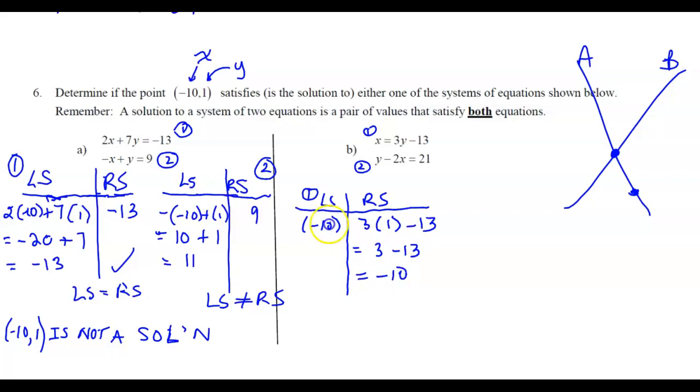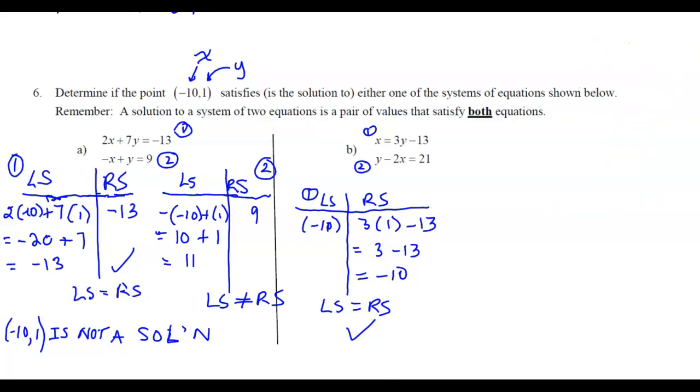So that works. Then we'll do the same for the second equation. The y is 1 minus 2 times negative 10. The right side is 21.